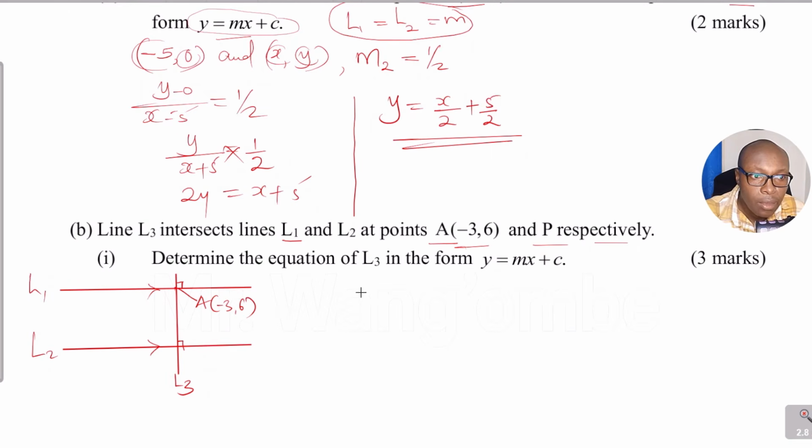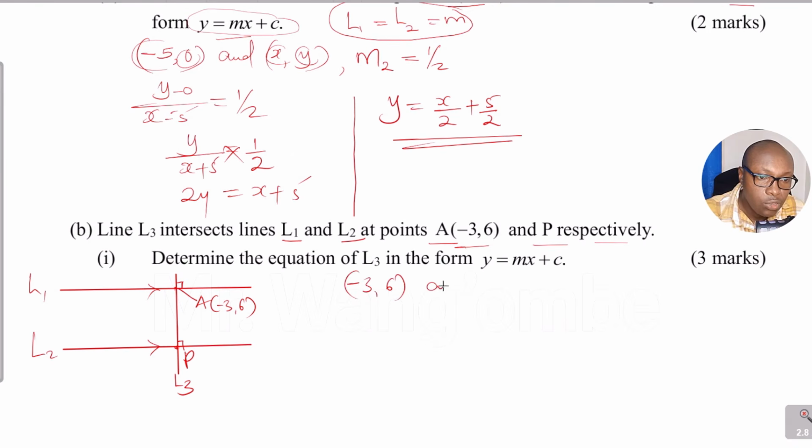And then it intersects line L2 at P. So point P is here. So how do we get the equation of L3? For us to get the equation of a straight line, we need 1 point. We have this point A on L3, which is -3, 6.